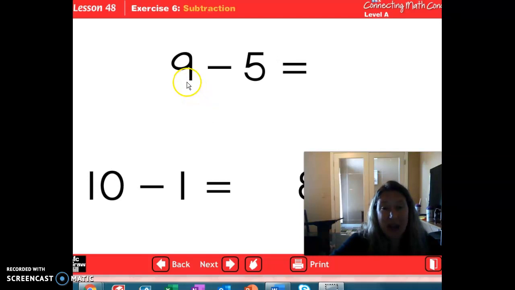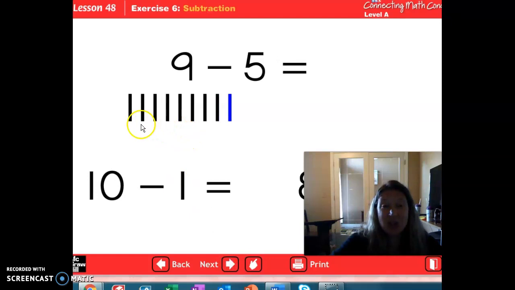So let's practice with this first one here, okay? So it says 9 take away 5 equals. What is my starting number? 9. So 9 is the number that we make lines for. Help me count 9 lines and tell me when to stop. Ready? Let's count. 1, 2, 3, 4, 5, 6, 7, 8, 9.